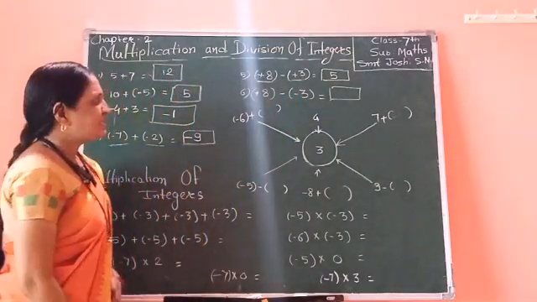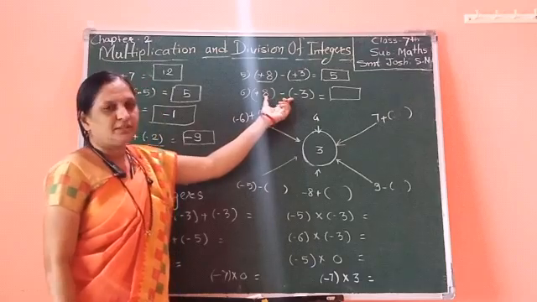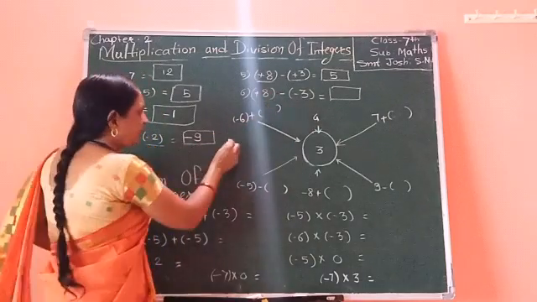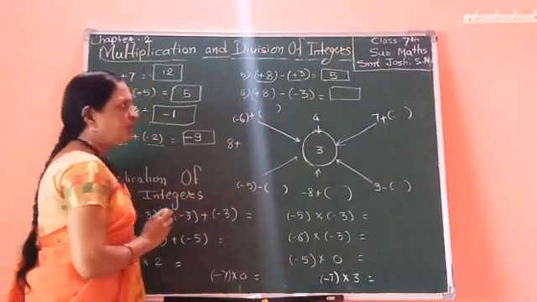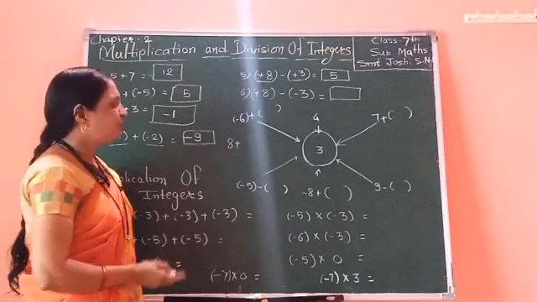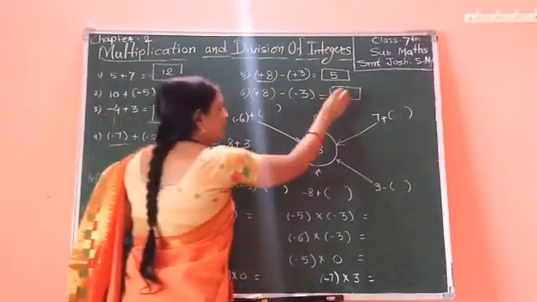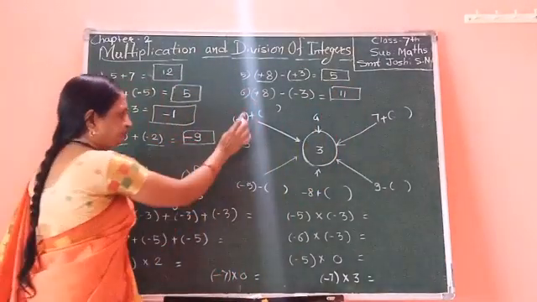In subtraction, this example is converted into addition, means 8 plus the opposite number of negative 3, which is 3. Then the answer is 11.